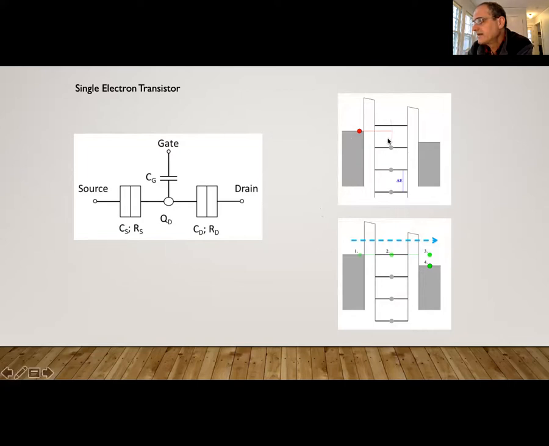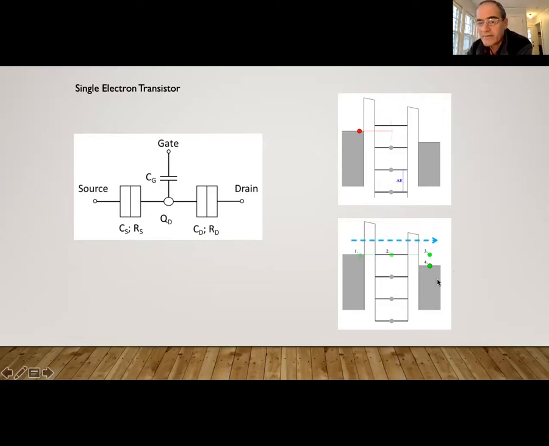In the first case, no current flow is possible because the electron would have to jump up in energy in order to enter the island, because all the lower energy states here are all full. But in the second case, the electron can jump onto this island because the state is unoccupied and aligned in energy with the source.